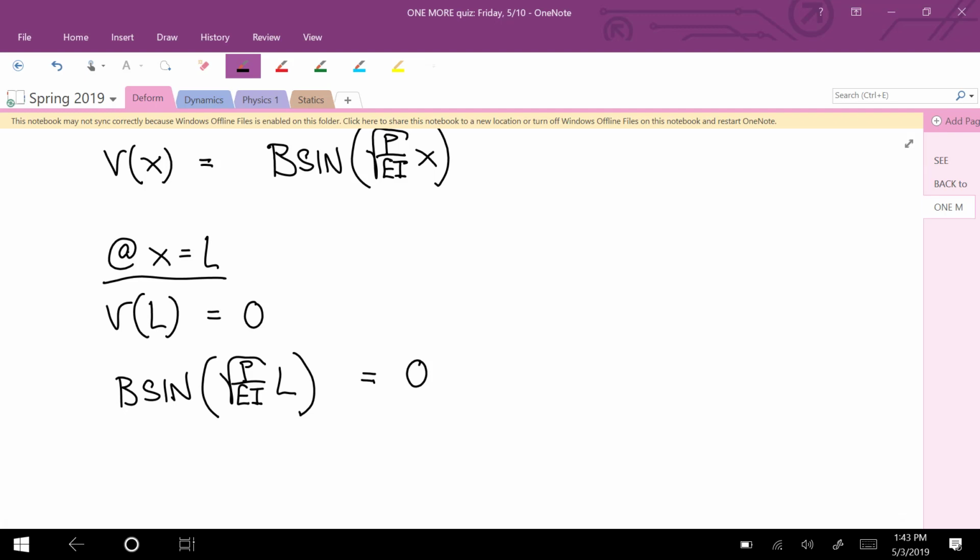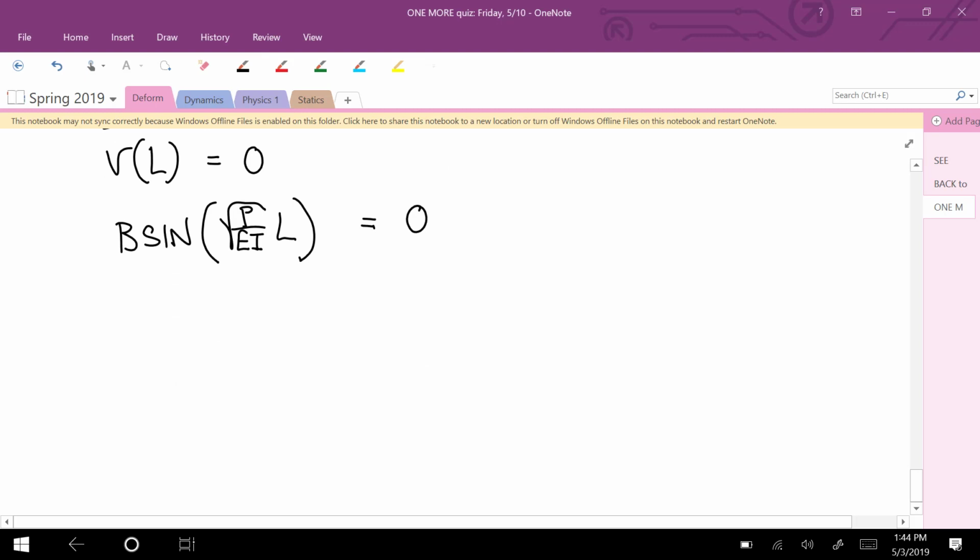And we thought, probably, that we were trying to find a value for B, but it turns out that the value of B doesn't have any effect on when this goes to 0. What matters is that the stuff inside here is either equal to 0 or pi, or multiples of that.